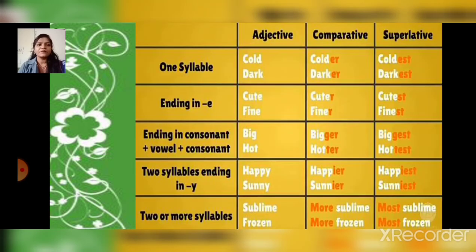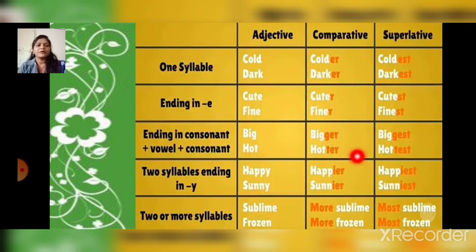Here see this rule. If there is a one syllable adjective: cold, colder, coldest; dark, darker, darkest. Ending in e: cute and fine. This word ends with e, so we are using r. Cuter, cutest, finer, finest. Ending in consonant, vowel and consonant: big, bigger, biggest.